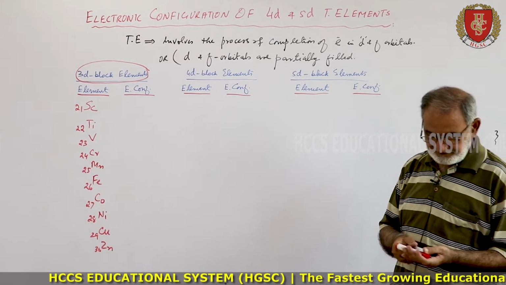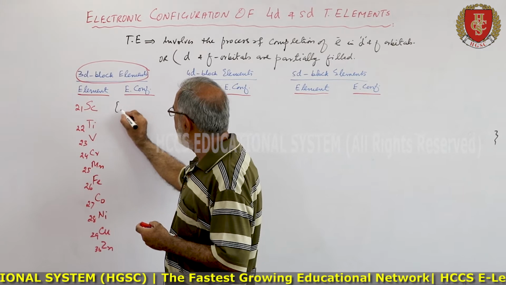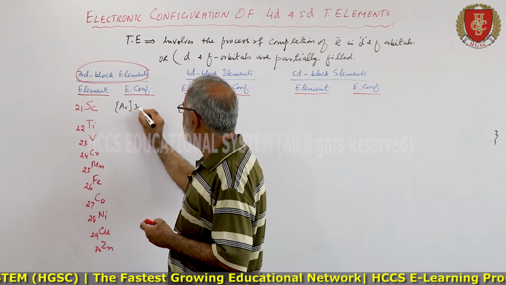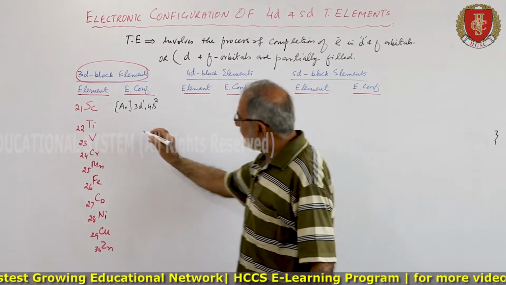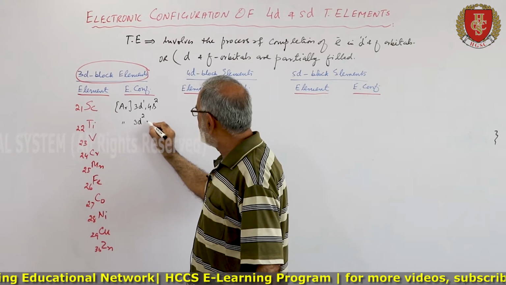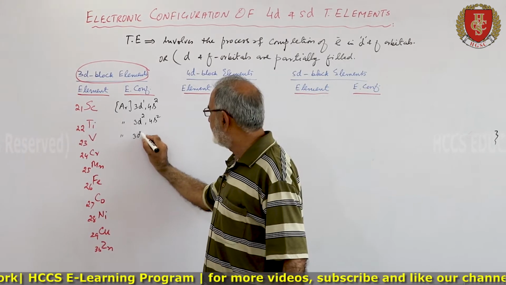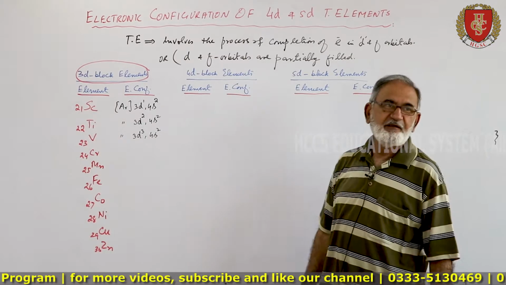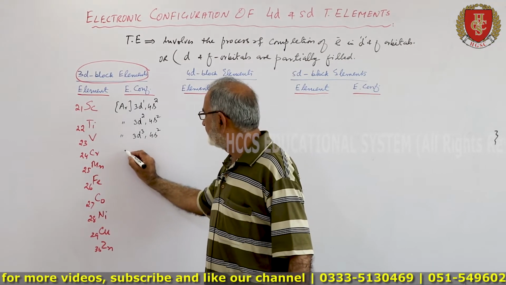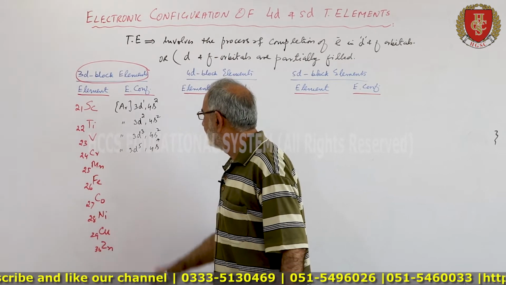Their electronic configuration can be described as argon 3d1 4s2. This is 3d2 4s2. This is 3d3 4s2, that is vanadium. Then chromium 3d5 4s1.